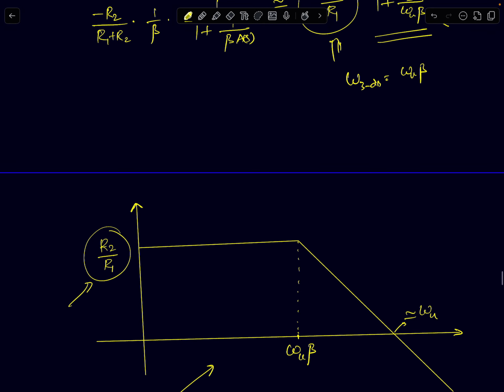Just for you to keep in mind, beta in the circuit is R1 by R1 plus R2. That's the feedback quantity.